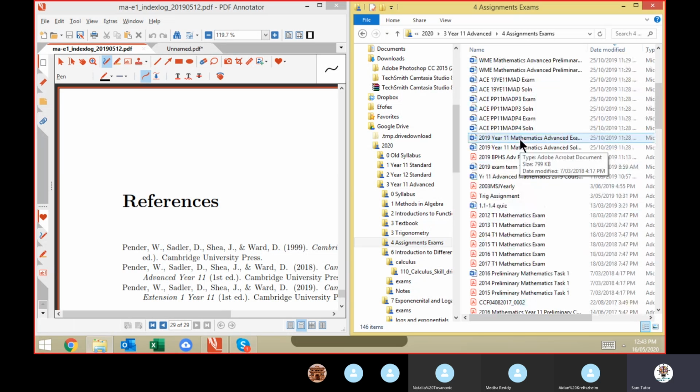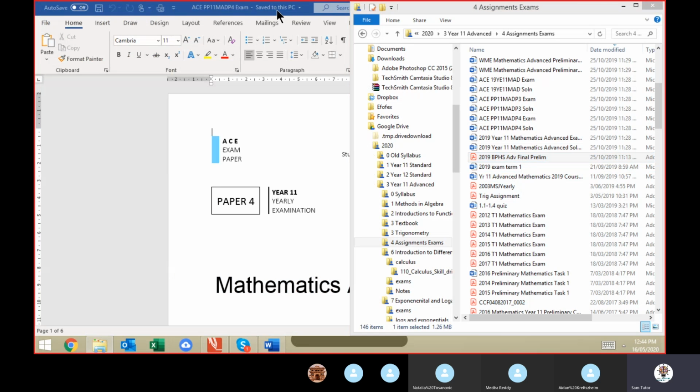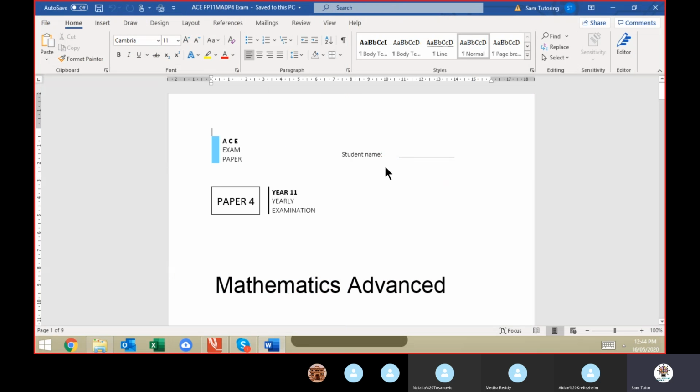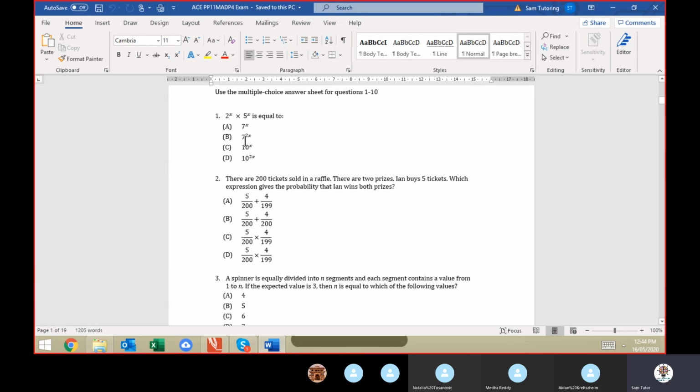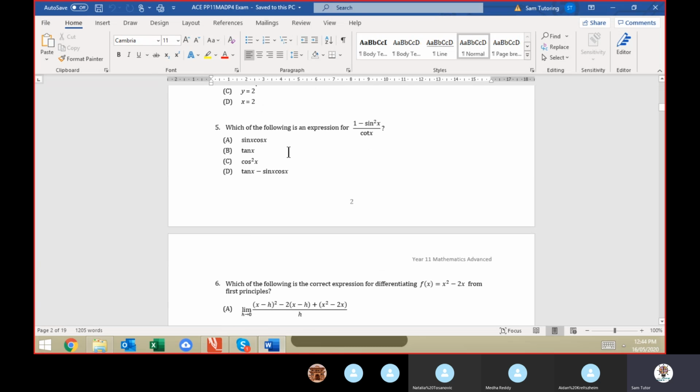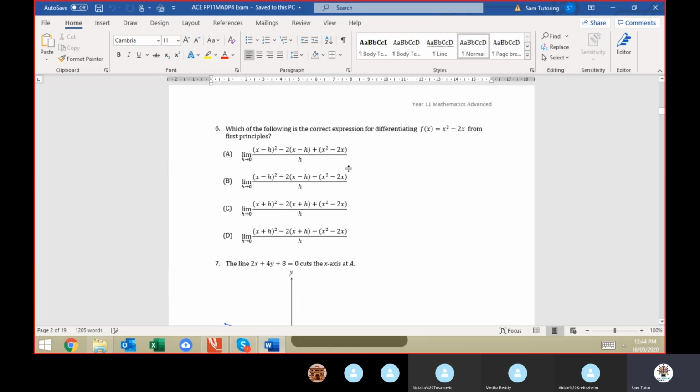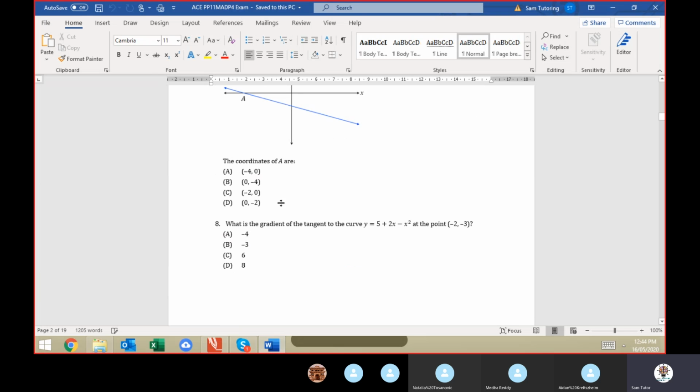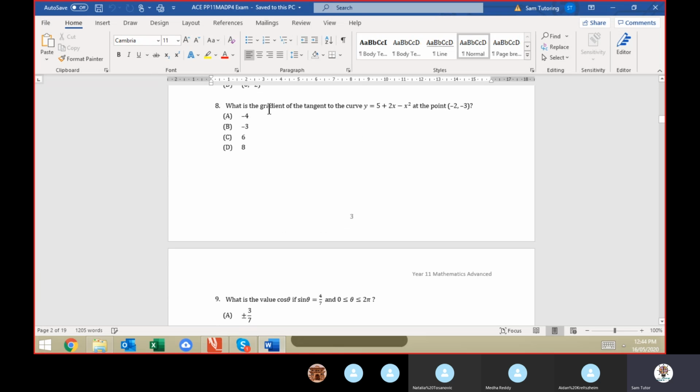Alright. And it's like this one. Oh, there you go, first principles. The multiple choice. What is the gradient of the tangent?